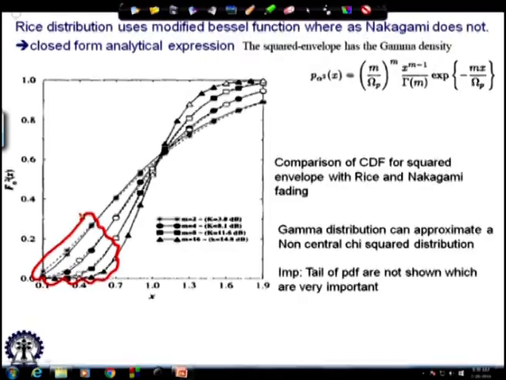So, when we do that, what we should remember is that if we are approximating the Rayleigh distribution by the gamma distribution or the Nakagami-m distribution, there is a gap towards the tail which could lead to certain erroneous values in the outage probability calculations. The error is sometimes very significant because we are looking at the tail probability. So, we have to keep this in mind when we are using Nakagami-m as a substitute for the Rayleigh distribution.